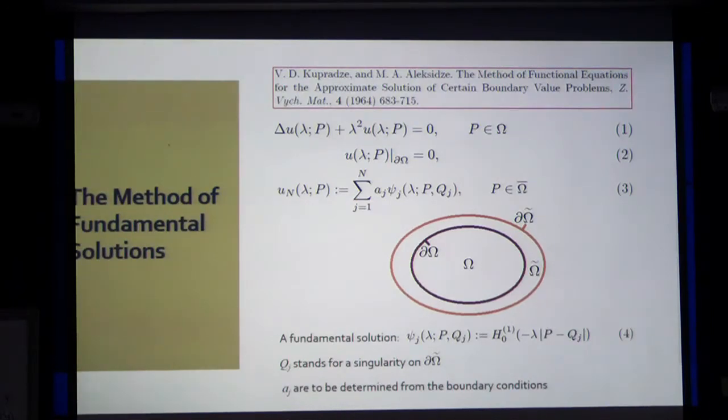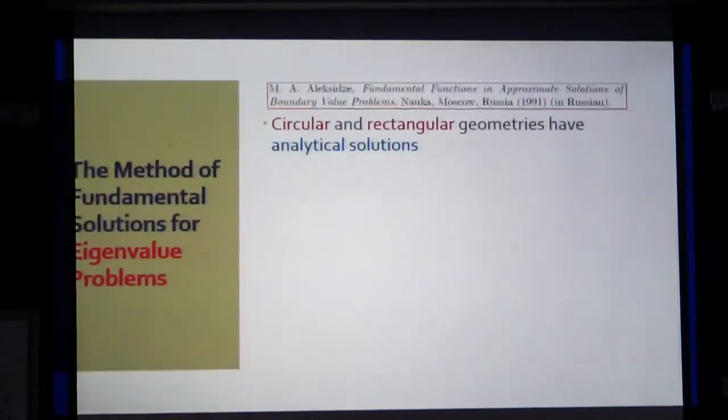But in the case of eigenvalue problems, what you have to change is that the method will construct these solutions and use the determinant of a linear system to get these solutions.